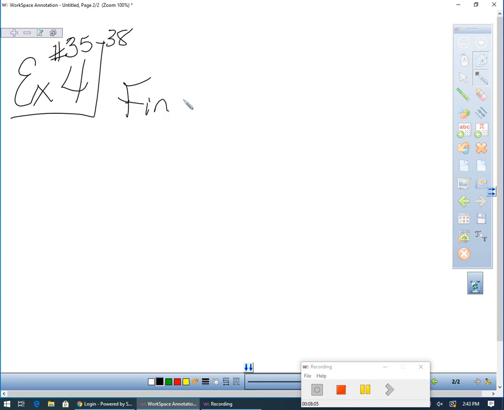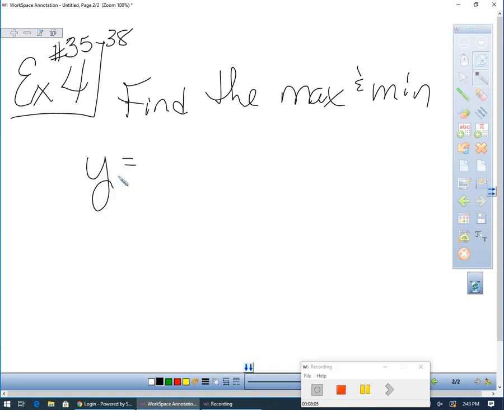Find the max and min. We are going to be using our calculator to do so. First of all, we have y equals x to the third plus 4x squared minus 5x.